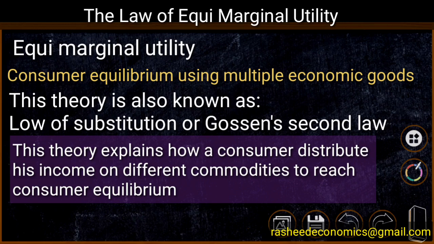We know that a consumer is consuming different types of commodities for his satisfaction. Therefore, in order to attain maximum satisfaction, a consumer will have to distribute his income on different commodities. Here we are analyzing how a consumer reaches equilibrium if he is distributing his income on different products.